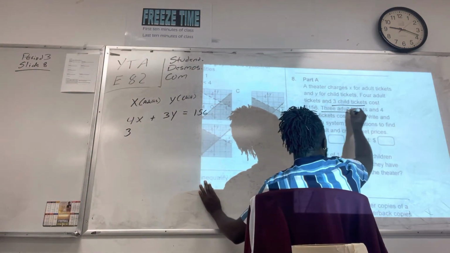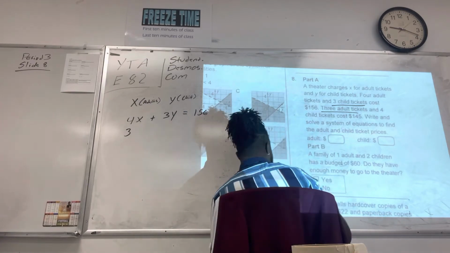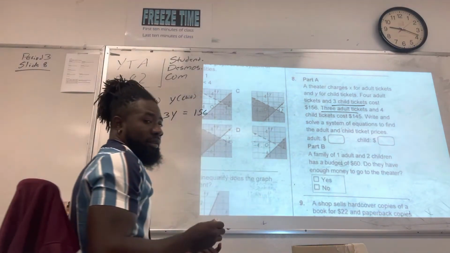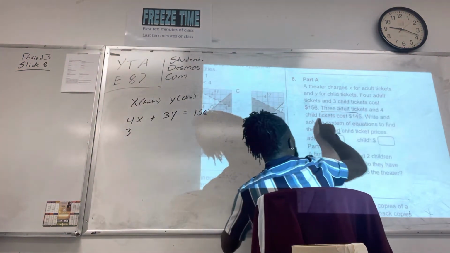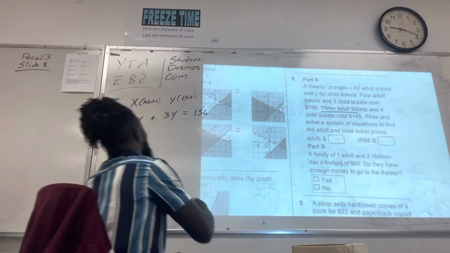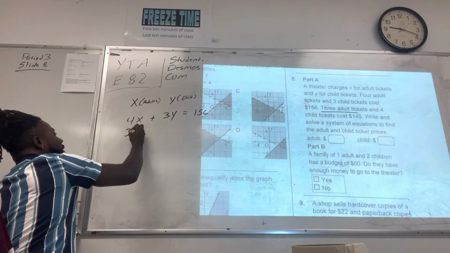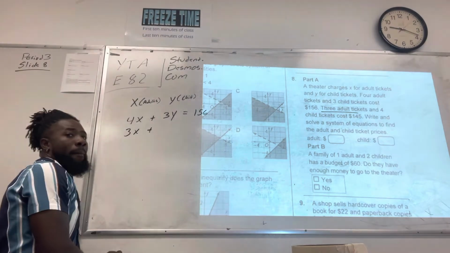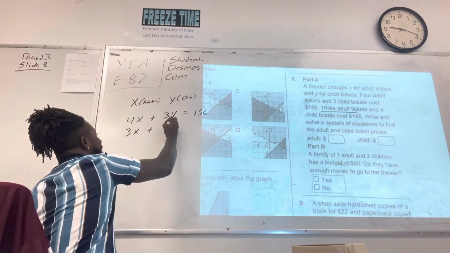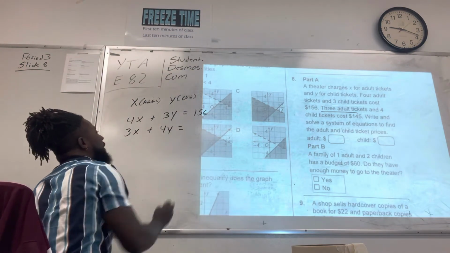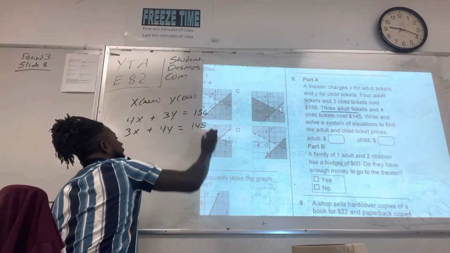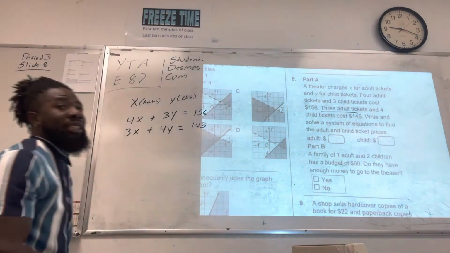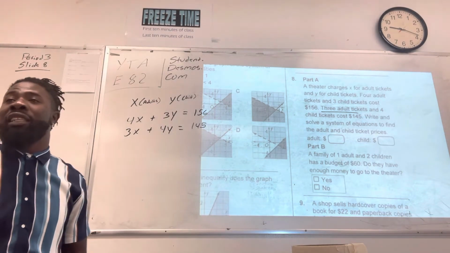Do we see that? 3 adult tickets. So we have to switch it up. 3X plus what? 4Y equals what? 145 is correct.